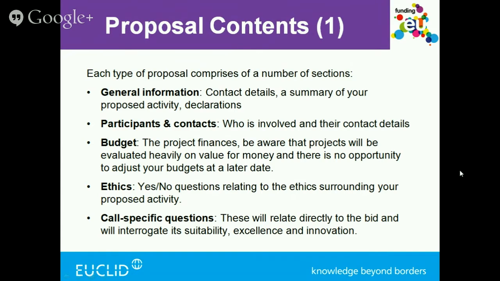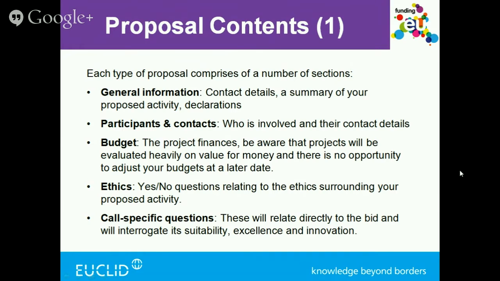Details about the participants and their contacts, so all the partners. Budgets. There has to be value for money, so be very, very careful about that. And then the ethics questions.